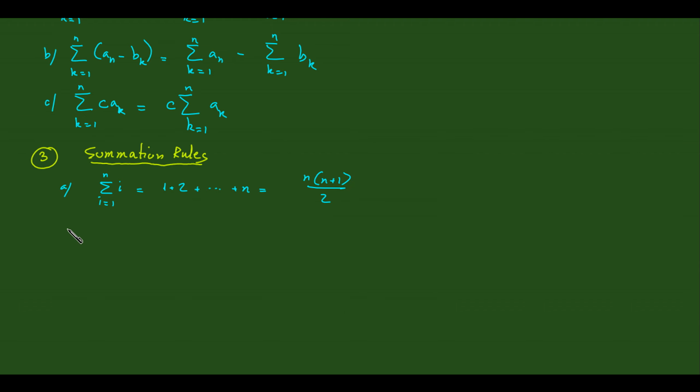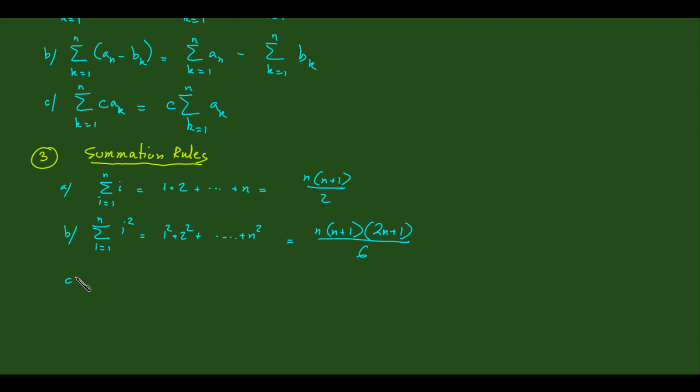Second, you have i from 1 to n of i squared, 1 squared plus 2 squared plus up to n squared, which equals n times n plus 1 times 2n plus 1 over 6.